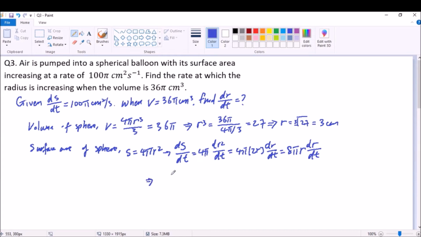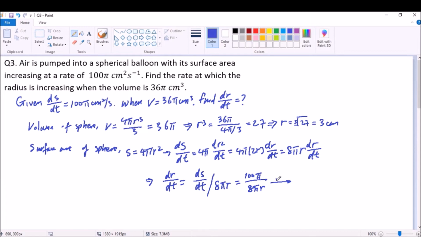And so we have dr over dt being dS over dt divided by 8 pi r, where dS over dt is given as 100 pi. So it's 100 pi over 8 pi r.